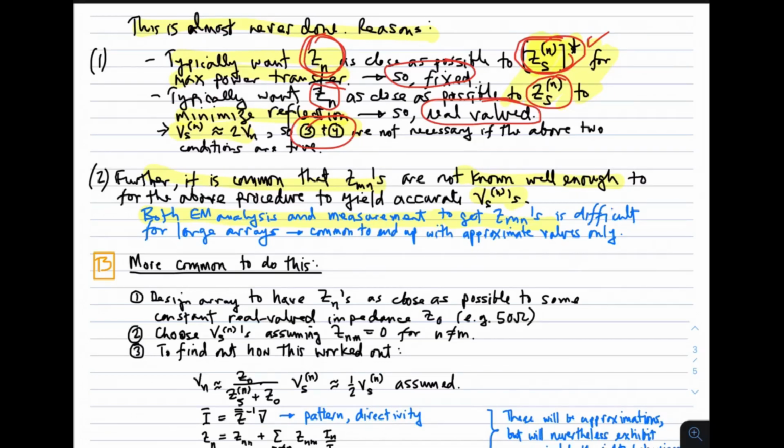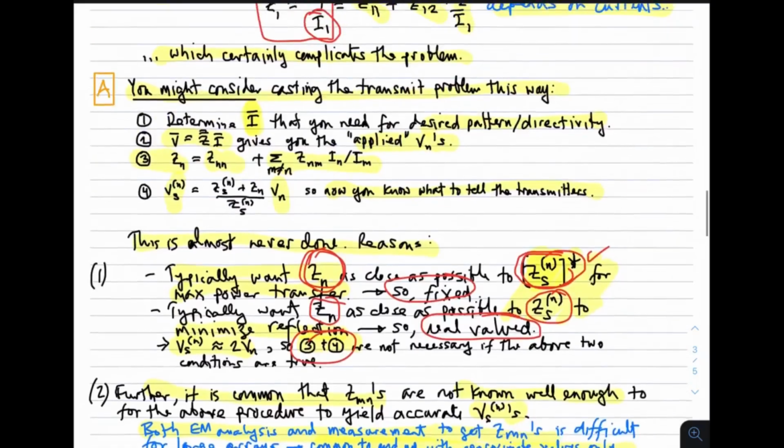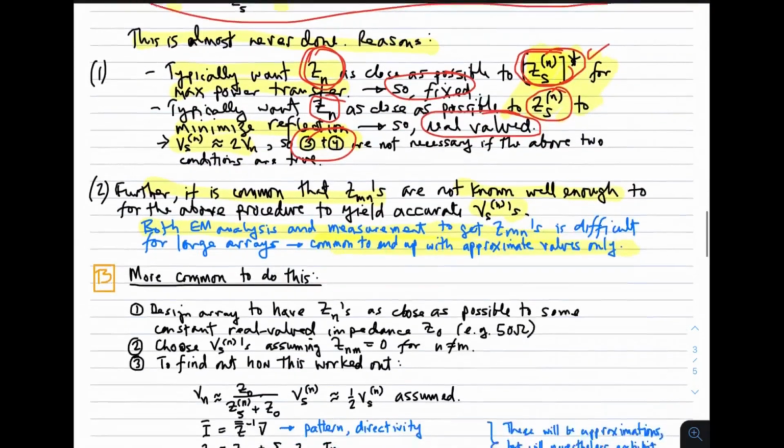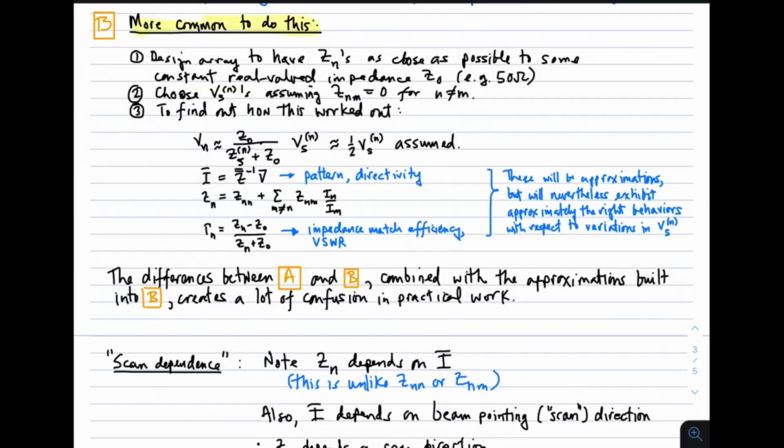So it is typical, in fact almost always the case, that you end up with approximate values for these impedances. And if you have only approximate values, then this procedure is a little bit less attractive because it really requires or presumes that these values are accurate. So a more common approach is to do something like this. Step 1.